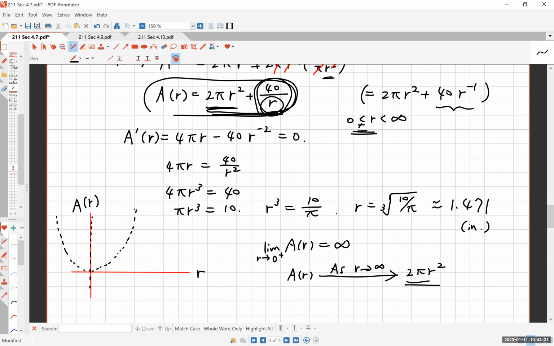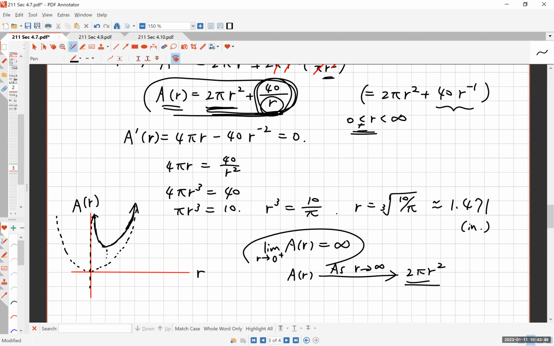So the graph of A is going to be slightly above this parabola, but gets closer and closer to it. And we have this, which means it has to approach infinity as r approaches 0 from the right. And so the graph is going to necessarily look like this.